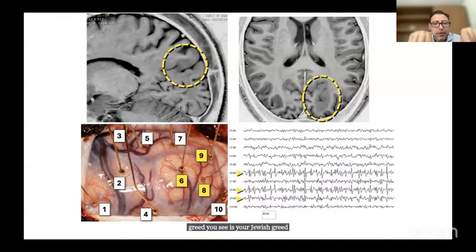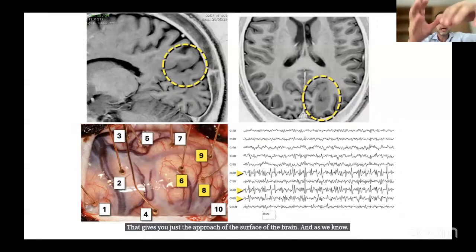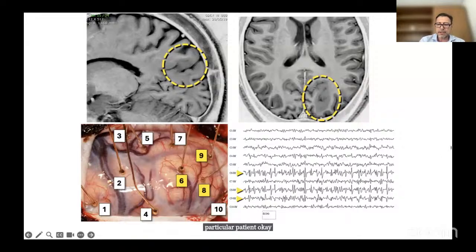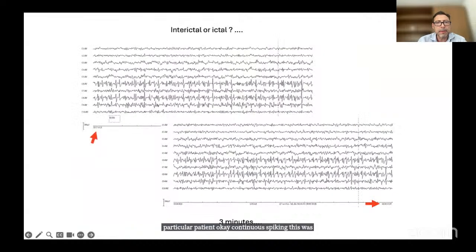That gives you just the approach of the surface of the brain, okay? And as we know, an FCD lesion goes very much into the depths of sulci, and you can see what the surface of the brain shows in this particular patient, okay? Continuous spiking, this was already very well shown by Thomas, okay?